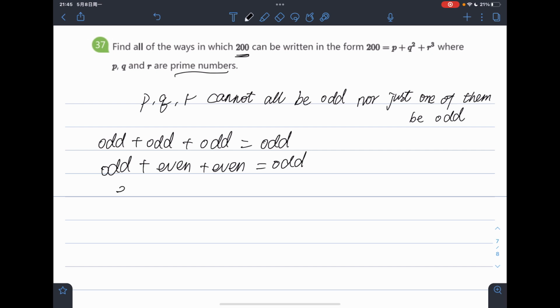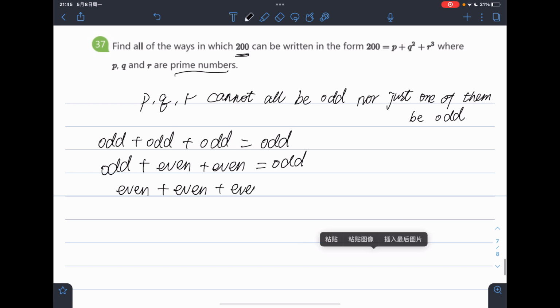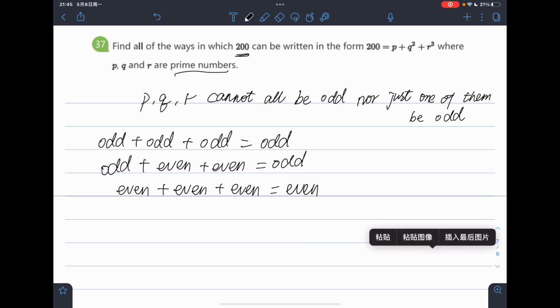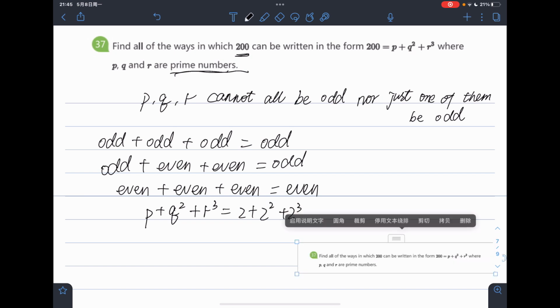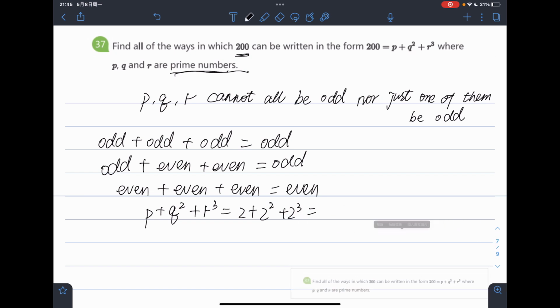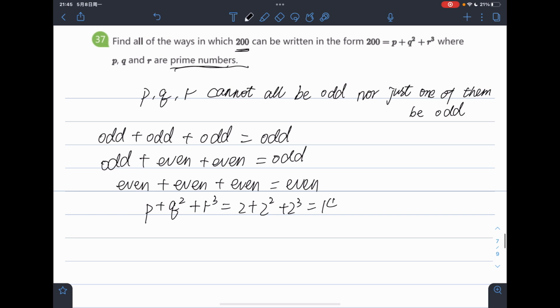But can all of them be even? Because even plus even is also even. All right, so if all of them are even numbers and also all prime, the only even prime number is 2, then we have p plus q squared plus r cubed equals 2 plus 2 squared plus 2 cubed, which is 14, which is not 200.